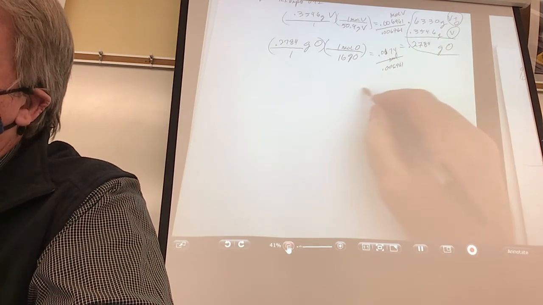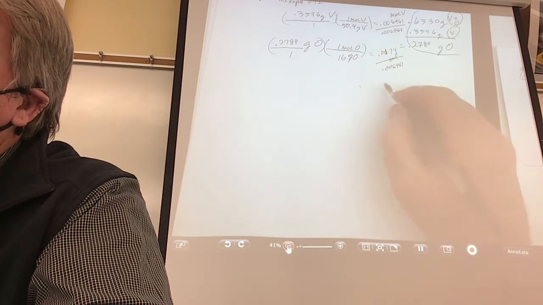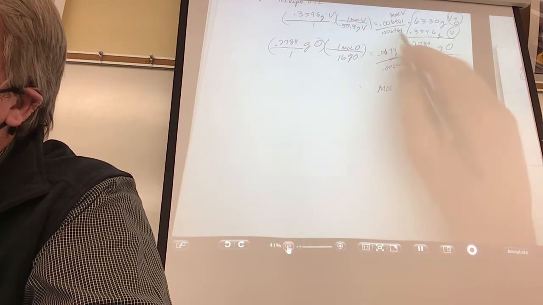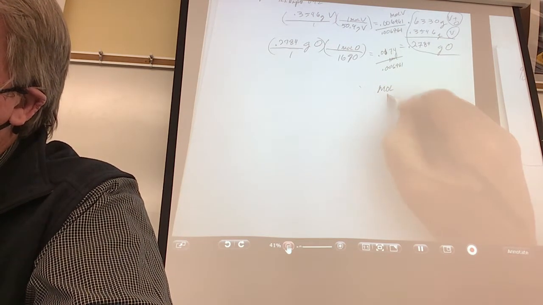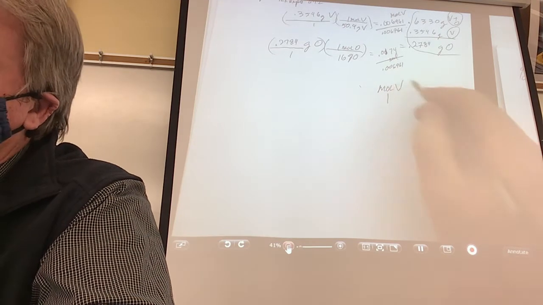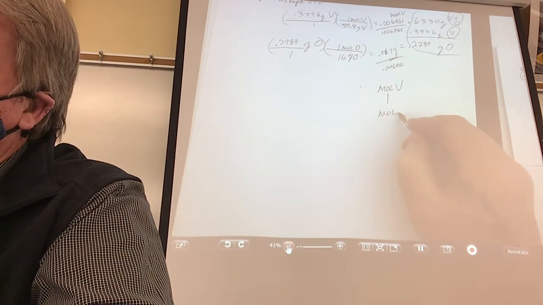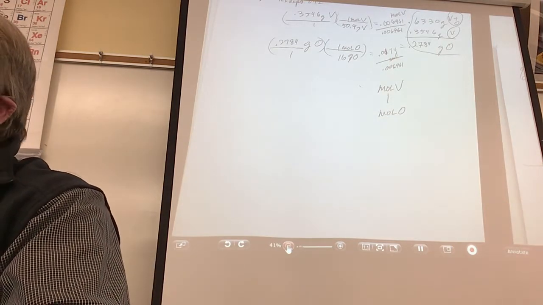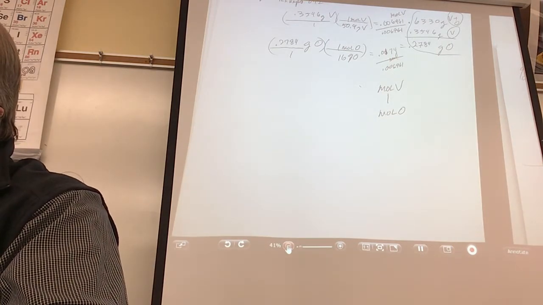So what do we have? So we have for vanadium, how many moles of vanadium now if we reduce it? Divide this. Do you get 1? I bet you get 1. So there you go. And how many moles of oxygen? What'd you get here? What's 0.0174 divided by 0.006961?